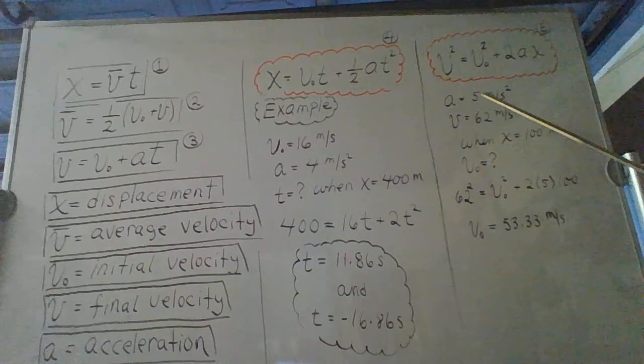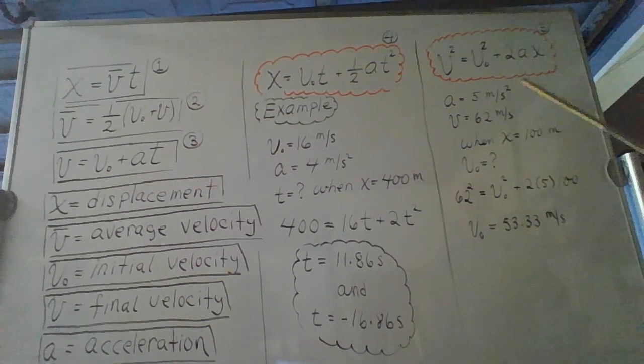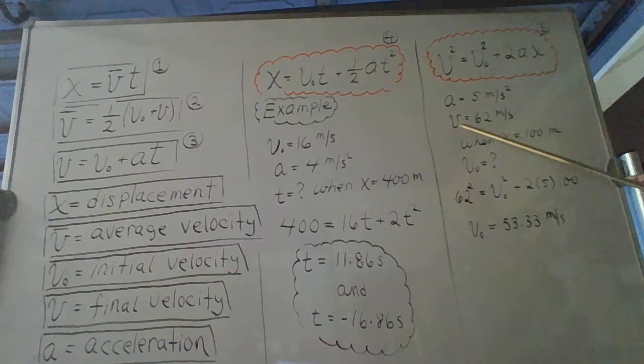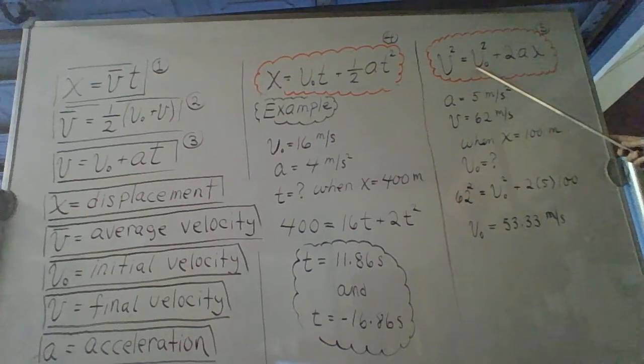As an example, suppose the acceleration of an object is known to be 5 meters per second squared, and we're told that the later velocity is 62 meters per second at a time when displacement has become 100 meters. We wish to know what the initial velocity must have been. We solve this equation for v naught.